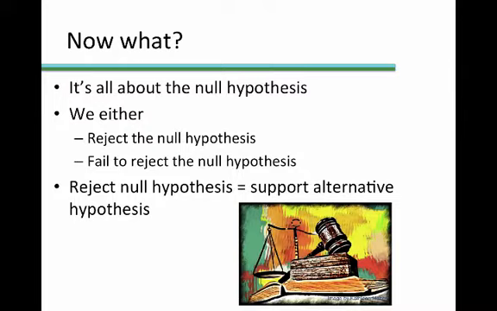And just like in a court of law, a defendant is never really proven guilty, even though sometimes we use that term proven. Rather, the defendant is only found guilty if it is beyond a reasonable doubt. Likewise, you are never able to prove the alternative hypothesis. We are only able to reject the null hypothesis or fail to reject it.